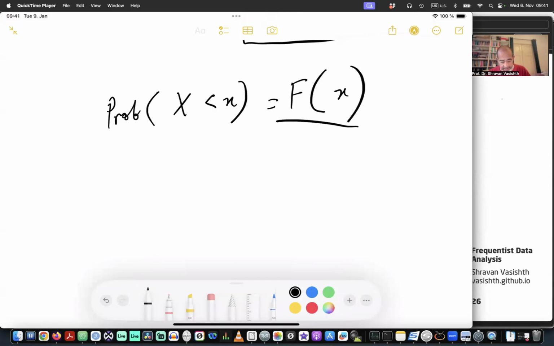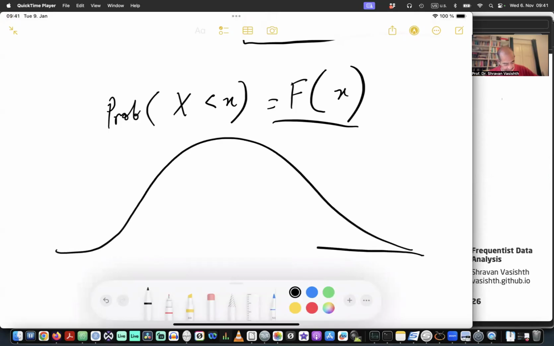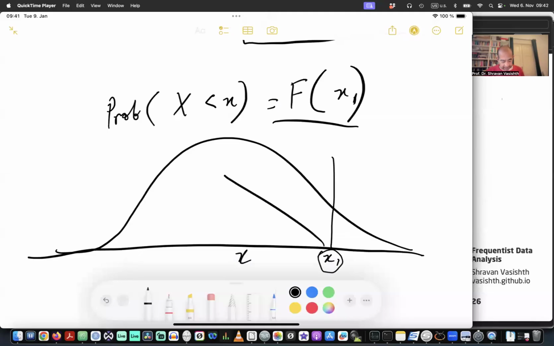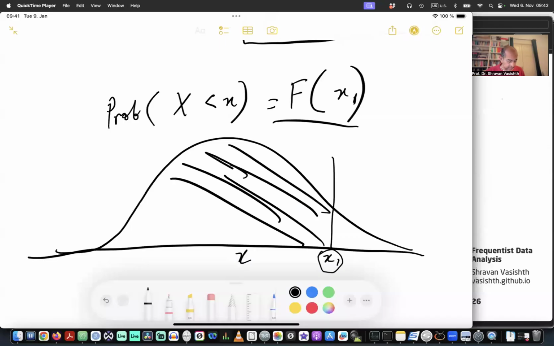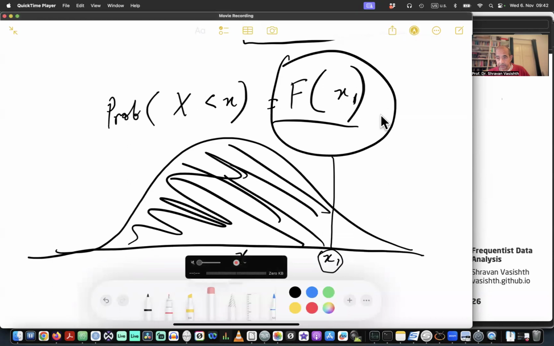That's how we would write that cumulative distribution function. And in a normal distribution like this, if I'm asking about f of x1, what's the probability of observing this number or something less than that? That's the area under the curve here. And this cumulative distribution function answers that question, right?